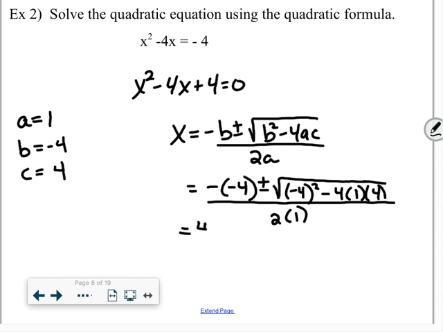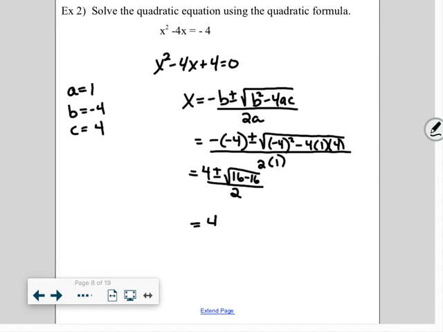Now, let's tidy this up. Negative -4 is 4, plus or minus square root. This is 16 minus 16 over 2. Do you guys see how I got that? What is 16 minus 16? 0.